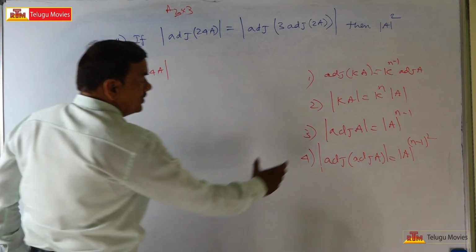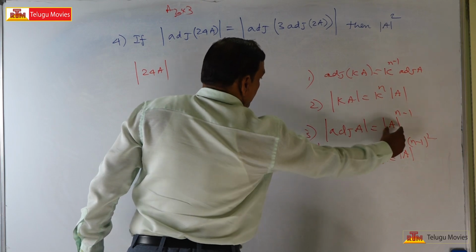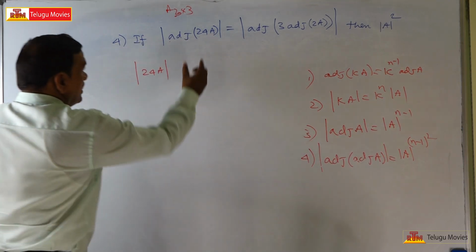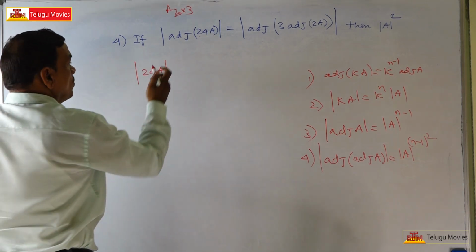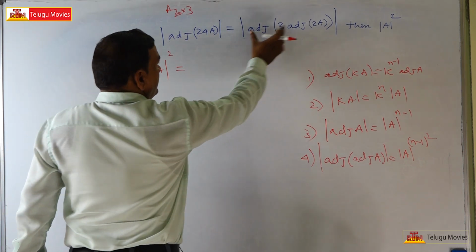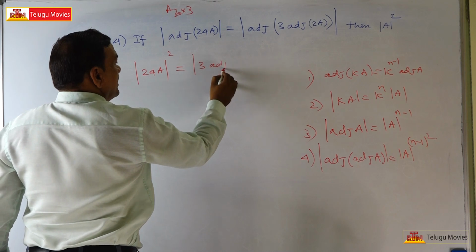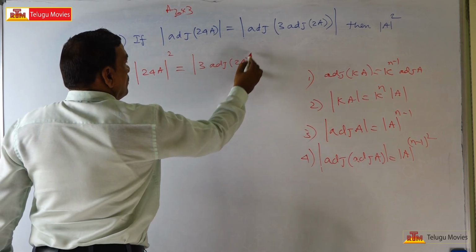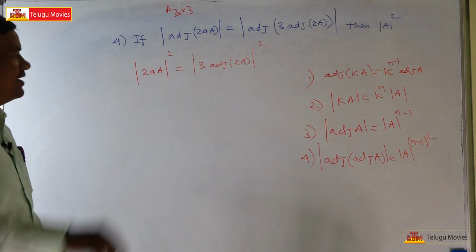Determinant of adjoint of A is equal to det A whole power n minus 1. Here, 24A whole power n minus 1 is (3 minus 1), whole square. And also, determinant of 3 times adjoint of 2A whole square, with the whole power n minus 1.